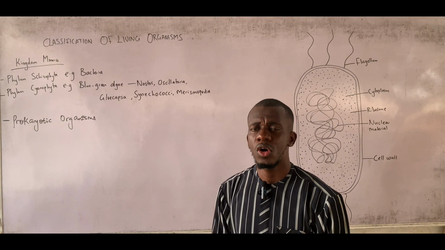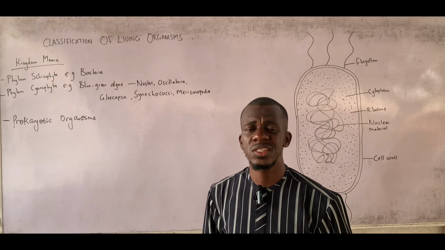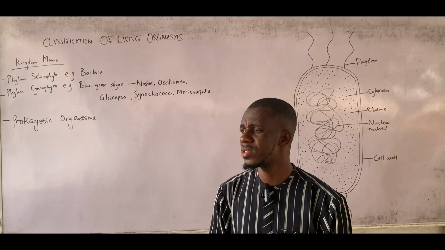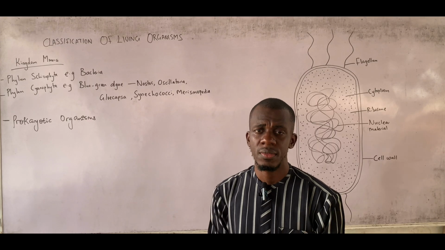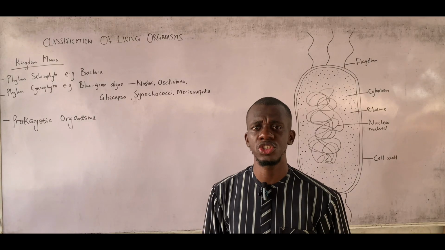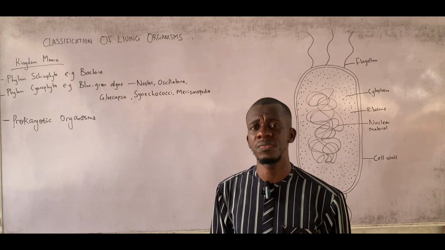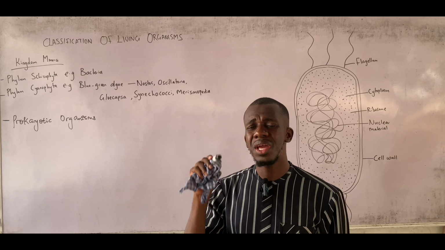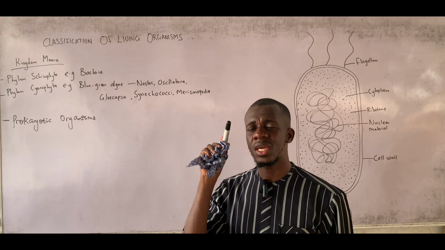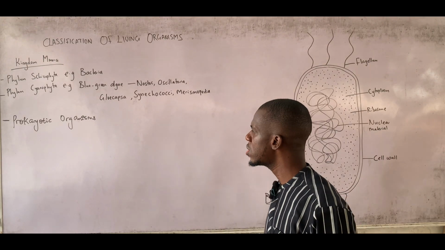Also an organism is said to be prokaryotic if its organelles are not bounded by membranes. So let's fix that into a single definition, which is a prokaryotic organism is any organism that lacks membrane-bound organelles and a well-defined nucleus. Please write that down. Excellent.